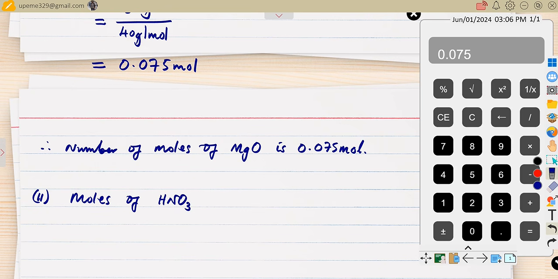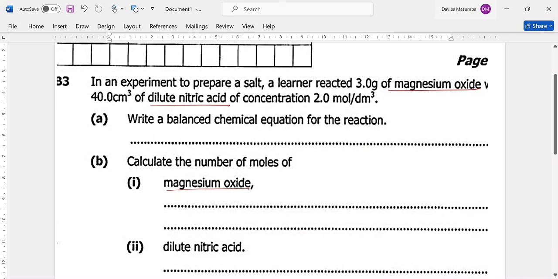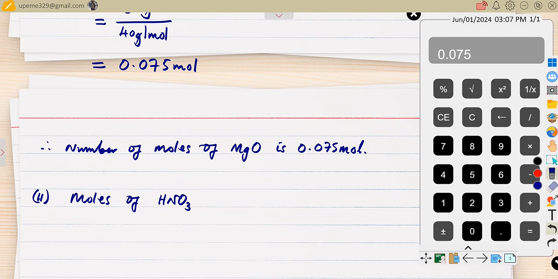Okay, so what have we been given already for nitric acid? Let's check. We were told that in an experiment to prepare a salt, Elena reacted 3.0 grams of magnesium oxide with 40.0 cubic centimeters of dilute nitric acid of concentration 2.0 mole per cubic decimeter. So we have a volume of 40.0 cubic centimeters and also a concentration of 2.0 mole per cubic decimeter. So these are the values already provided.